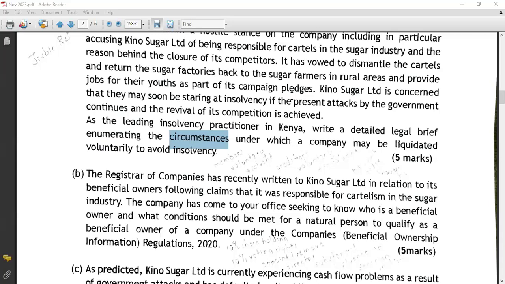But when it says to avoid insolvency, if it's for a fixed time, it is not insolvent. Then do we say that when the duration has ended, it is to avoid insolvency?